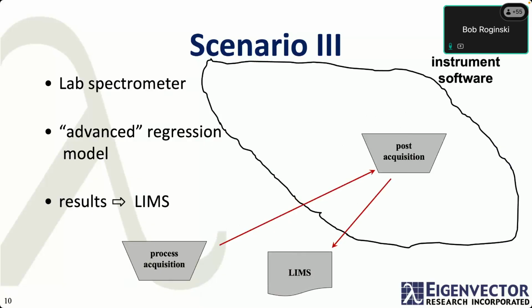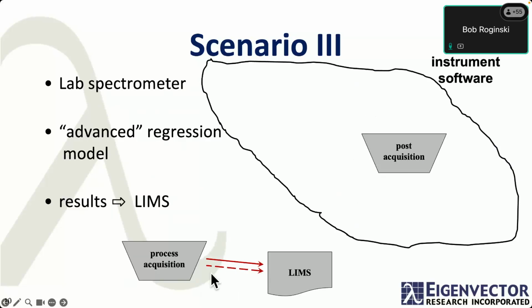Now, if you have direct communication from the instrument software to the secondary software, the results can be sent back to the instrument software, and then from the instrument software sent to the LIMS. Or you can bypass the instrument software and trigger the process acquisition software to send the results directly to the LIMS by directive of the instrument software.